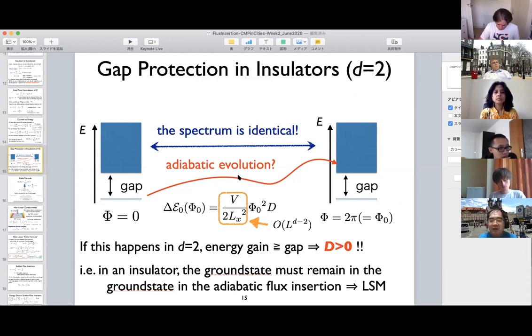I don't know how rigorous I can make my statements, but in this discussion, T I suppose to take larger than any time scale, even bigger than the finite size gap, the inverse of the finite size gap in this case.